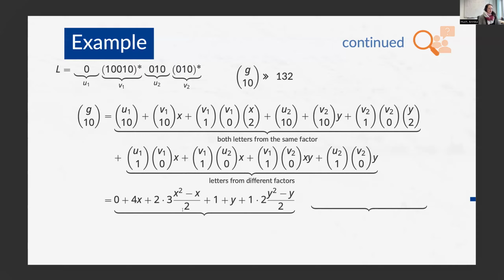So the first bracket here are just all factors from the first bracket above. And then we add the ones from below. So no 1 in u1, so 0, plus 2 1s in v1 and 2 zeros in u2 times x. And where are we? 2 1s in v1 and 2 zeros in v2 times xy, which is the mixed coefficient of both loops, and 1 1 in u2 and 2 zeros in v2.